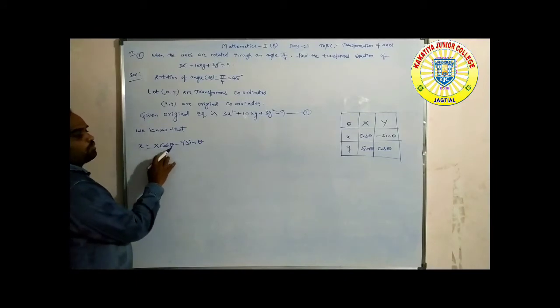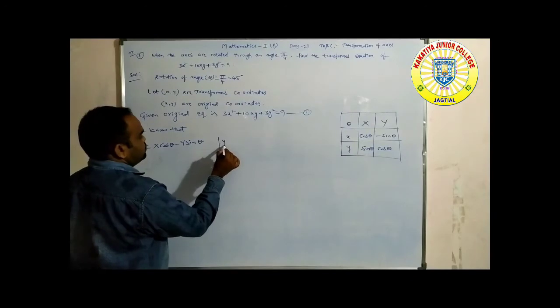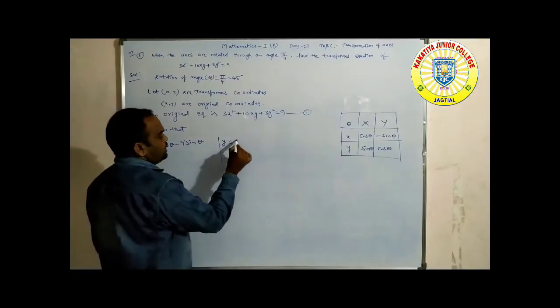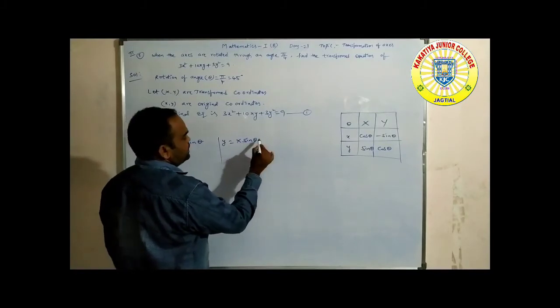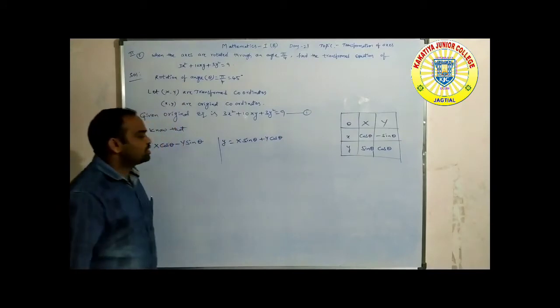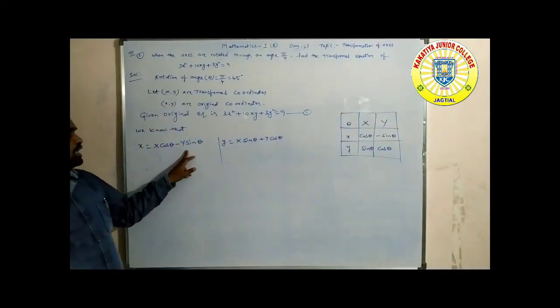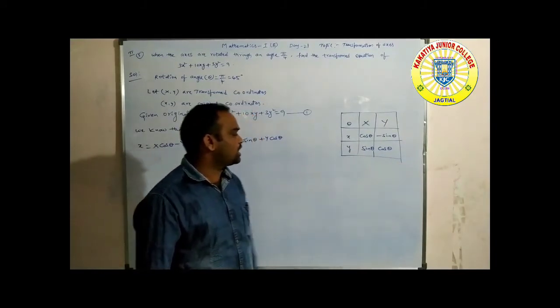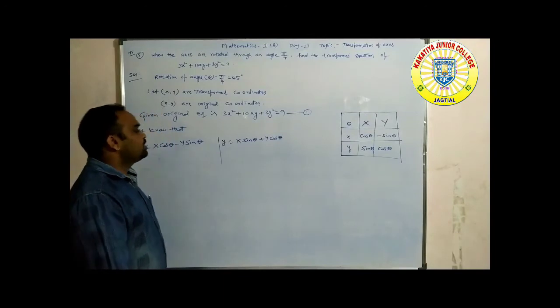Next small y is equal to capital X sin theta plus capital Y cos theta.